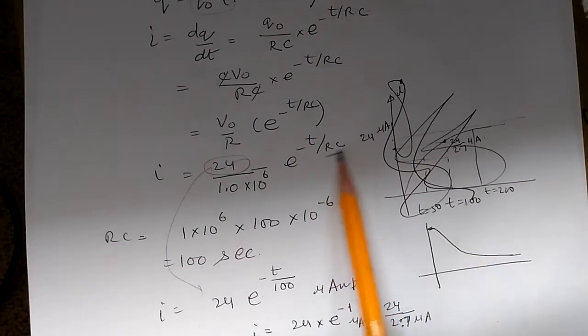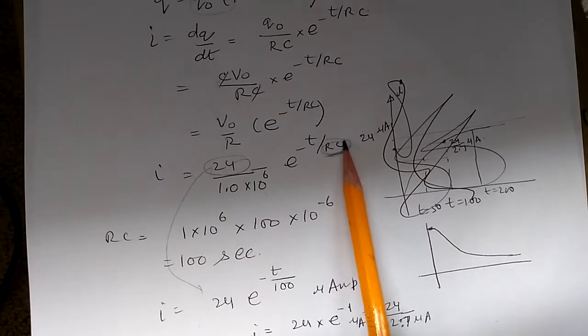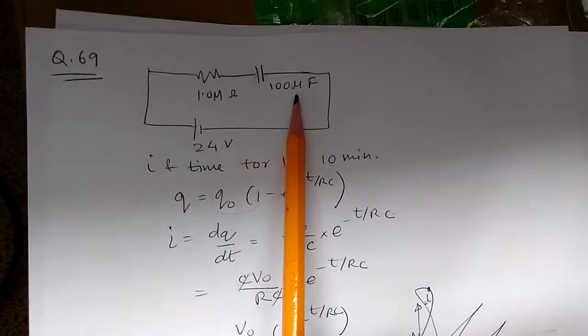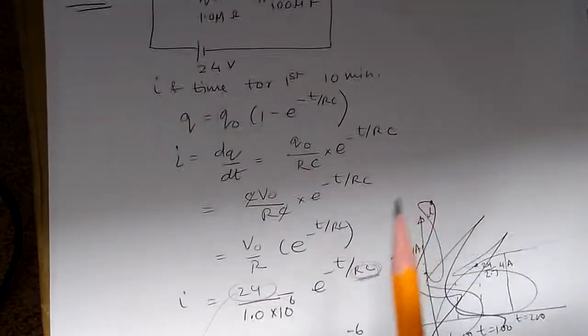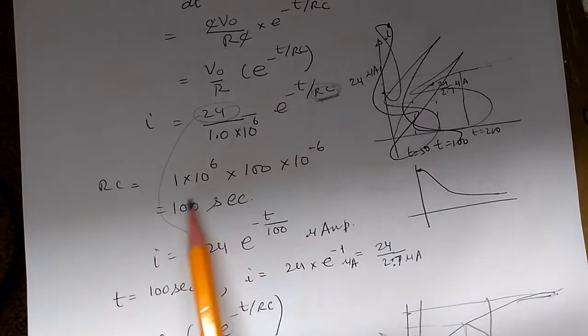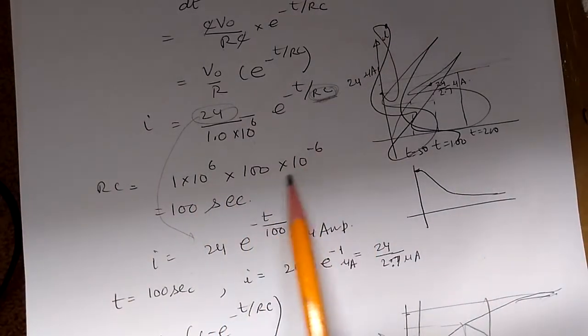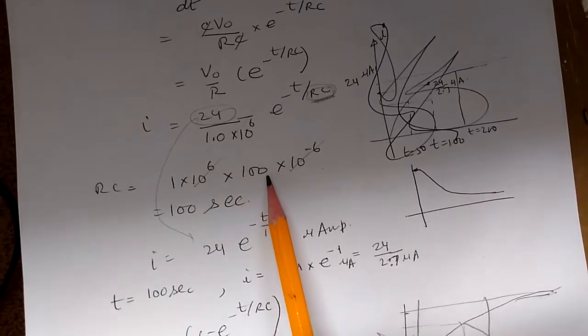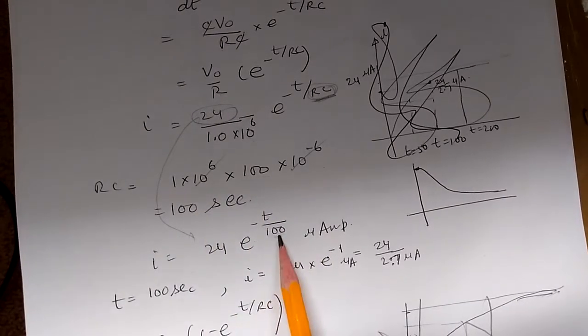It's a good idea to calculate the RC time constant, and in this case R is 1 mega ohm and C is 100 microfarad. If you multiply these two terms, you get the time constant. R is 10 to the power 6, capacitor is 100 times 10 to the power minus 6, and the powers of minus 6 and plus 6 cancel out. We get 100 seconds.